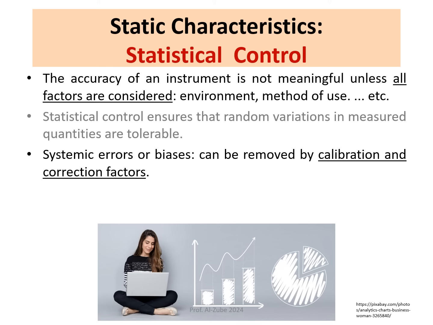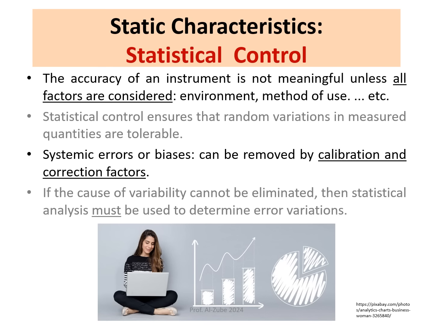But keep in mind, the human body is a complicated system, and if the cause of variability cannot be eliminated, then statistical analysis must be used to determine error variations. That is why we study statistical analysis and focus on it in biomedical instrumentation, because the human body is a nonlinear dynamic system that changes with time and depends on a lot of variables.